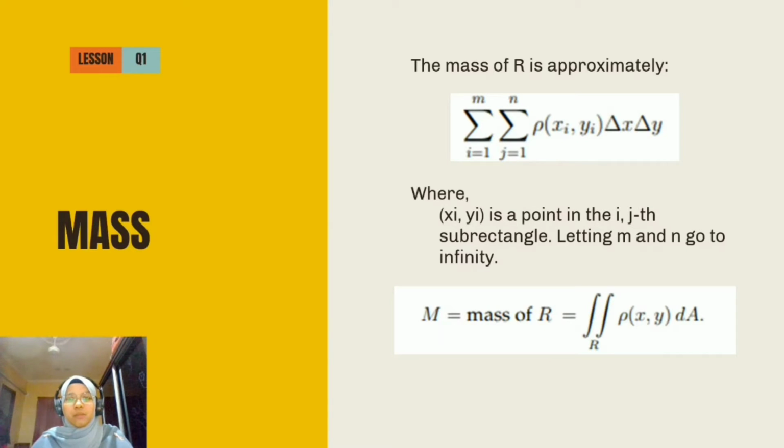To calculate mass for lamina, M equals the mass of R equals density, which is rho xy, times area, which is double integral dA, which gives us double integral over R of rho xy dA. The density function rho xy can be a constant or an expression in terms of x and y.